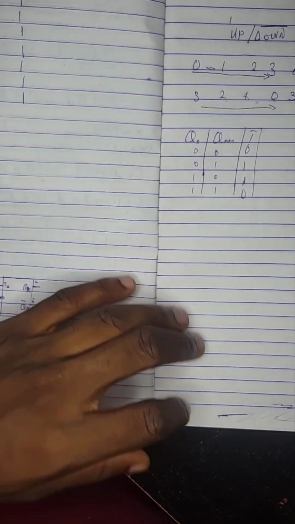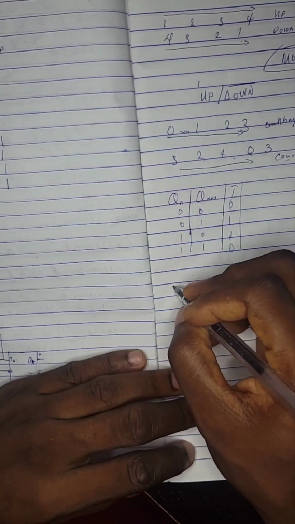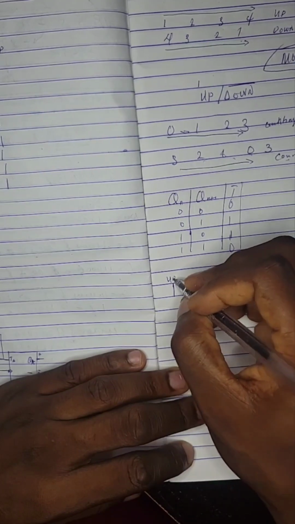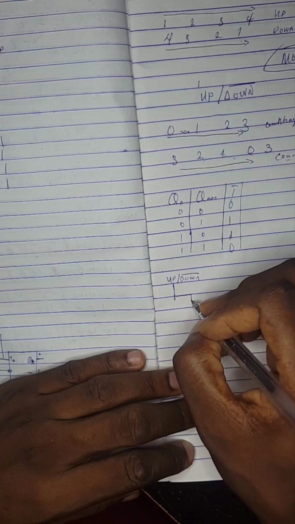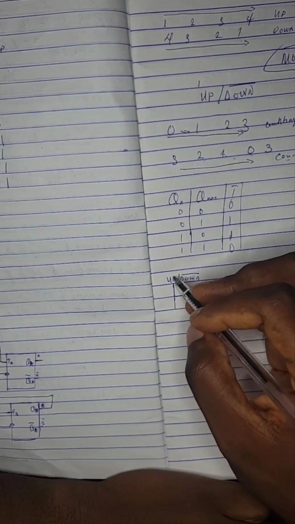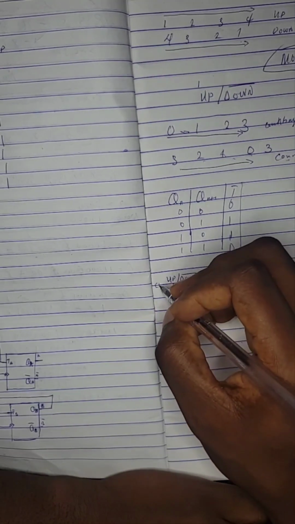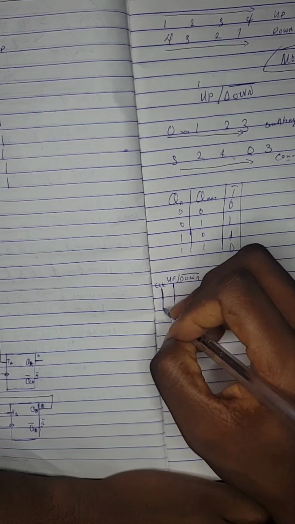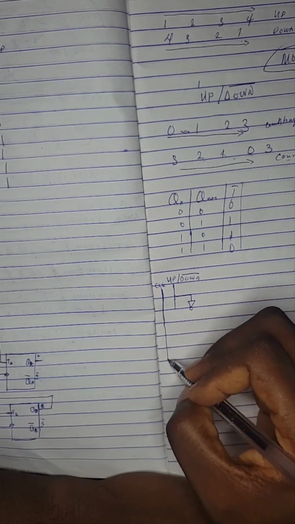Okay, so now to the input side, since we have up down in our counter, that's going to serve as an input. So we're going to have a line for that, a line of up down. And also we are going to need a clock. So clock, we have that line for that. So now let me join all the clocks together first.